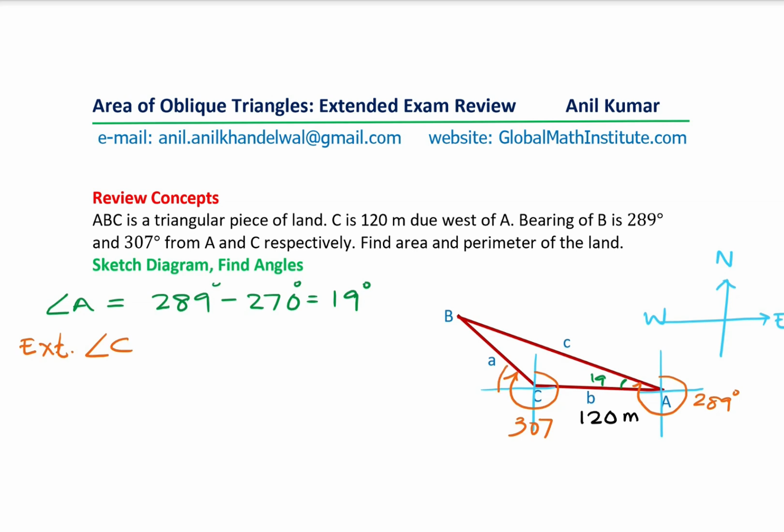So the external angle C we're saying is equal to 307 minus 270 degrees. So when you take away, you get 7, and then from 10, when you take away 7, you get 3, so you get 37 degrees. So this angle here is 37 degrees. Clear?